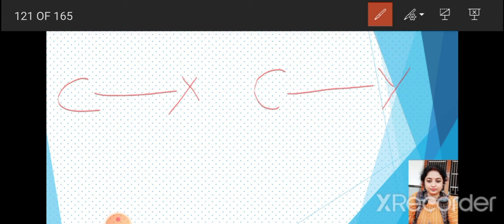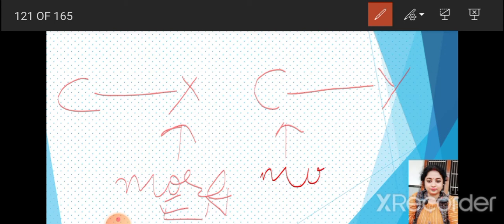I'm taking two compounds. In C-X, X is more electronegative. In C-Y, C is more electronegative.